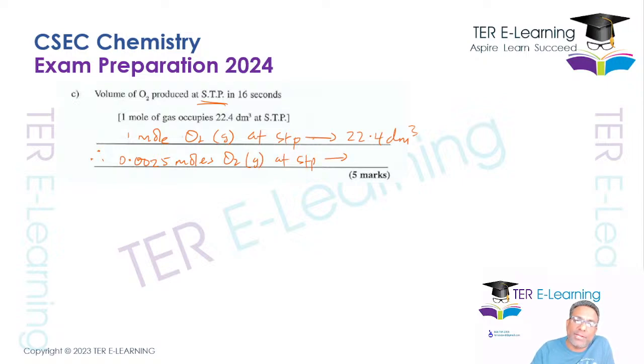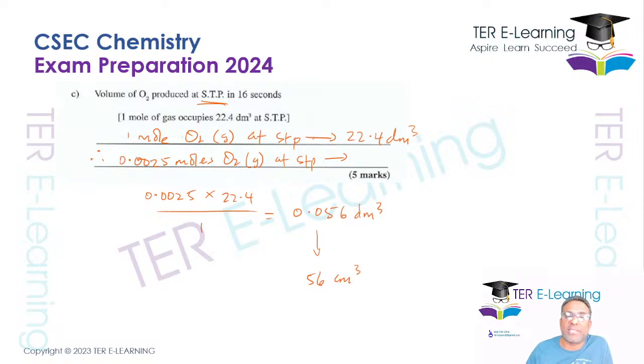Again, you're going to cross multiply, so it's going to be 0.0025 multiplied by 22.4 all over 1, and that's going to give us 0.056 dm cube. If you want to convert that to cm cube, you multiply by 1000, and that's 56 cm cube. So that's the volume of oxygen gas produced there.